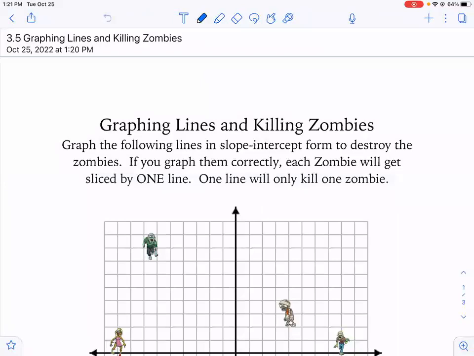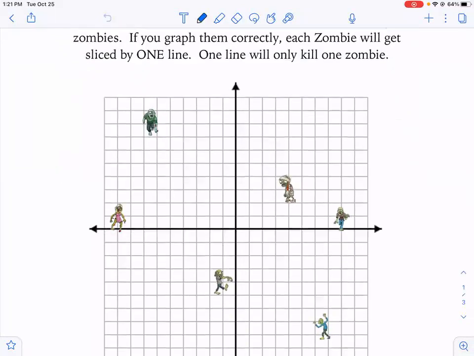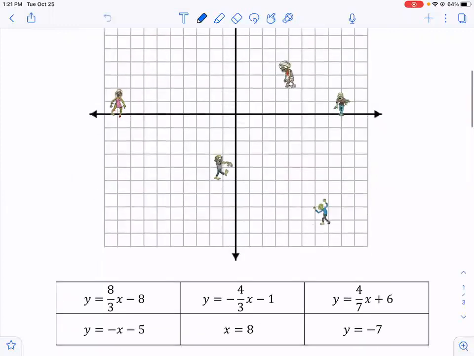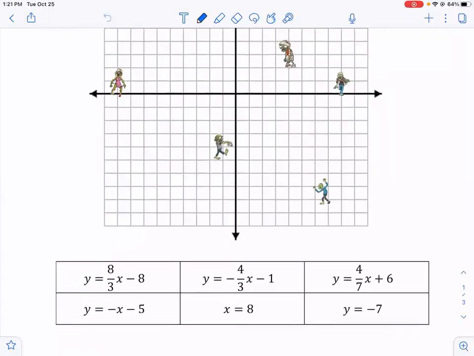Who sees my Apple pen? Nobody's wanting to help me. I'm trying to help. Oh, got it. I found it.